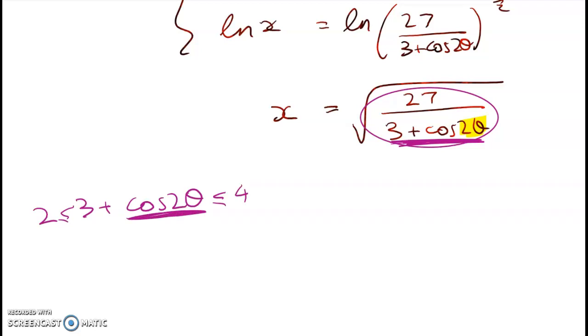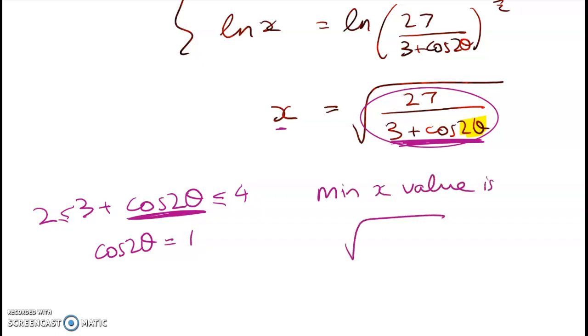And that means that the smallest value of x will be when cos of 2 theta is equal to 1. So the minimum x value is going to be this, root 27 over 3 plus 1 over 4, which is equal to 3 root 3 over 2.